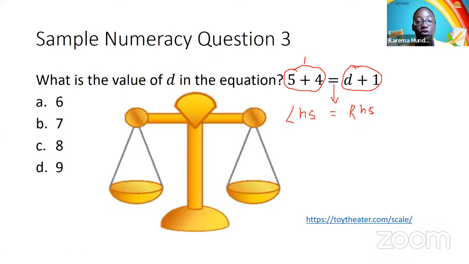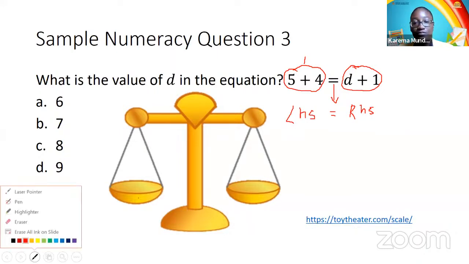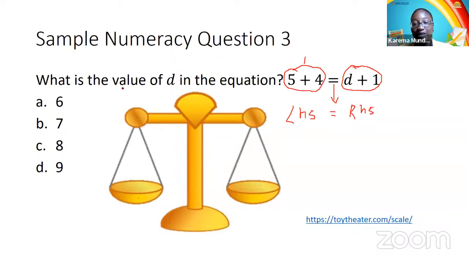Okay, so can anybody, bright student, tell me in the chat what's the value on the left-hand side of this equation that we have on screen? All right, Shantavia was quick out of the blocks, and I know you know this. 5 added to 4 is equal to 9.